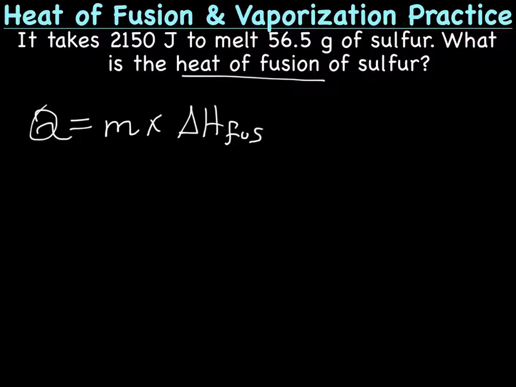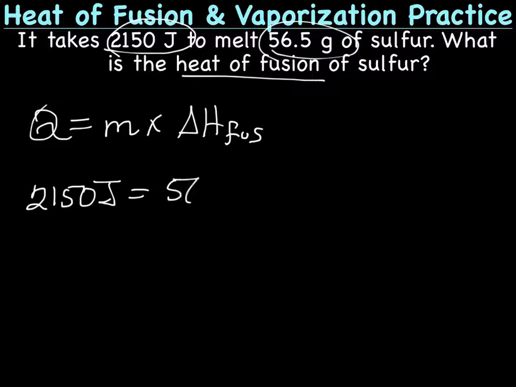This time they give us a heat unit, so that must be our Q. So we'll have 2150 joules equals, they give us the mass, which is 56.5 grams, and what we're trying to find this time is the heat of fusion.